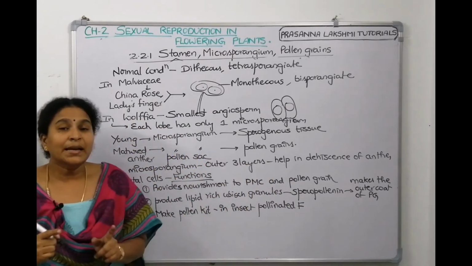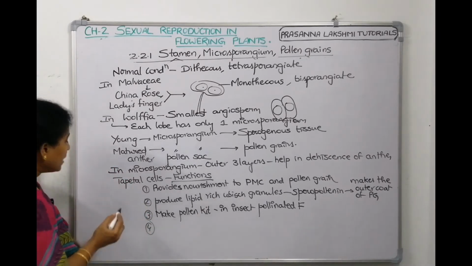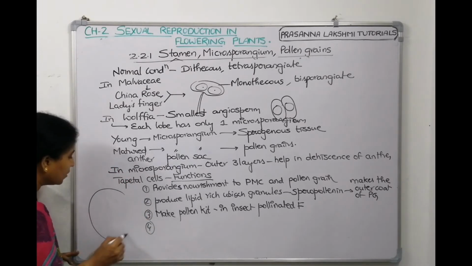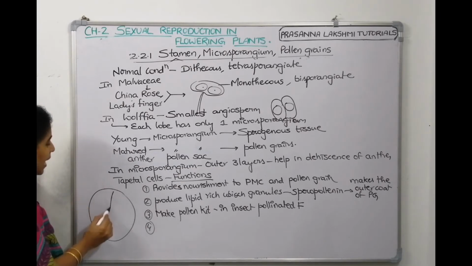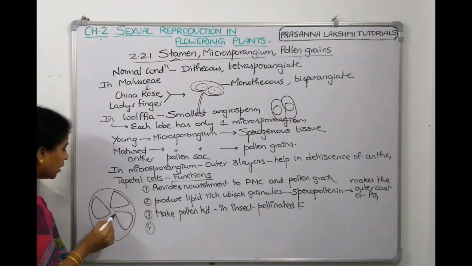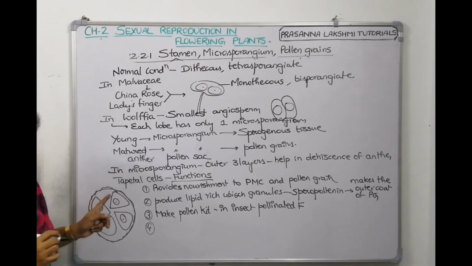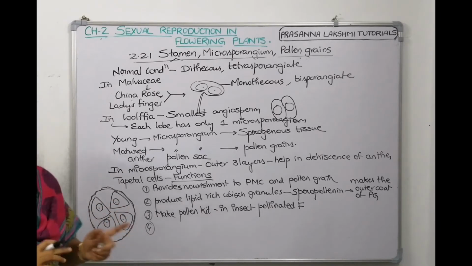Not only this, it secretes an enzyme called Callase enzyme. Now, in NCERT, they have given a microspore tetrad, showing the first, second, third and fourth microspore. All these 4 microspores are surrounded by a callose layer. Only when this callose layer dissolves can the microspores come out.